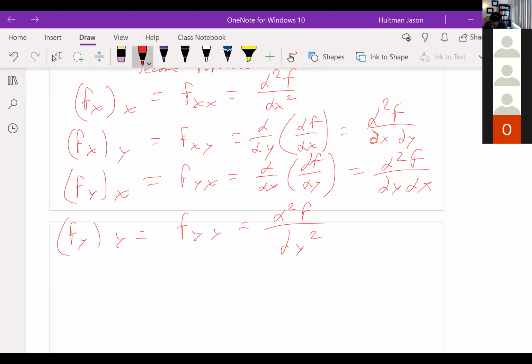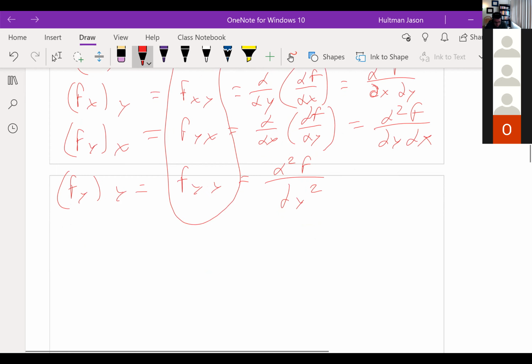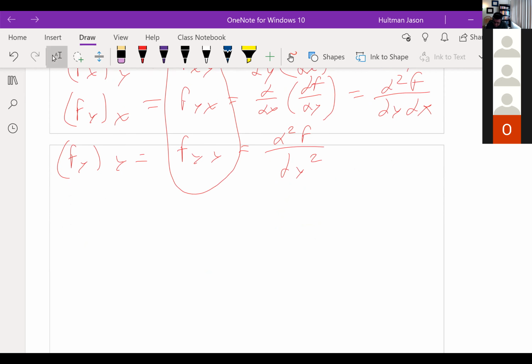What we're going to be using in this class, because it's not very confusing, is the f sub x, f sub xy notation, because it lends itself to the correct order that you take these partial derivatives in. Okay, number 4 here.